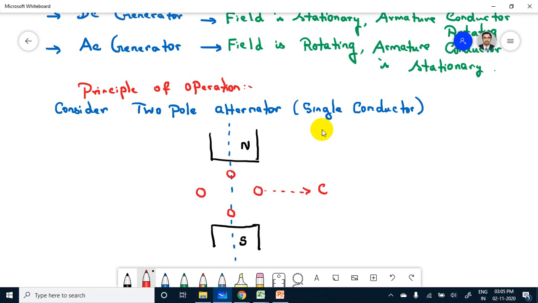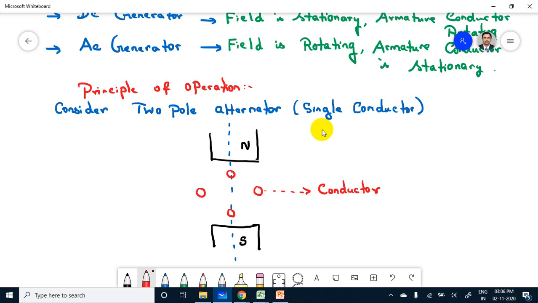The small circle is called a conductor, because conductors are stationary in AC alternators.